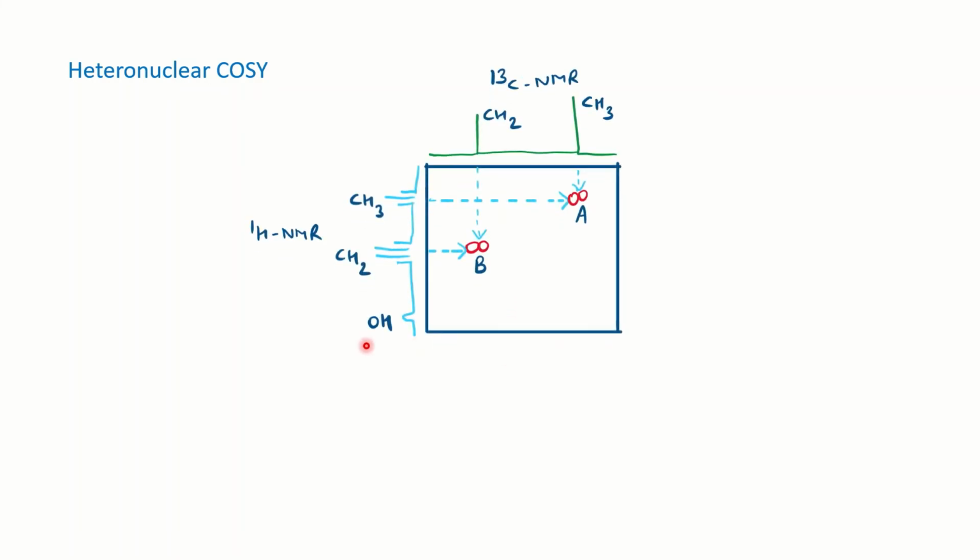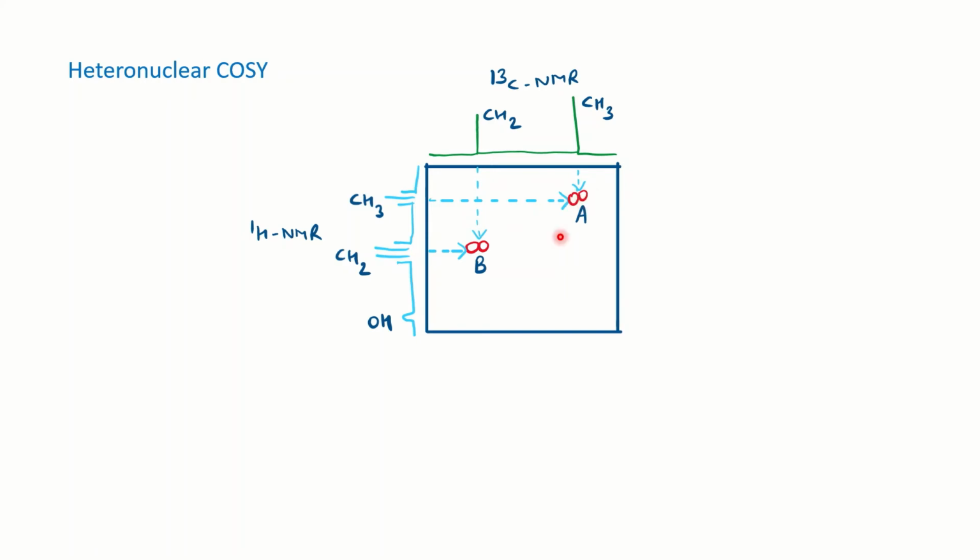So this is homonuclear. There is another example for heteronuclear; the same ethanol we will take. You will have C13 NMR on the x-axis, and on the y-axis you will have the proton NMR. Since ethanol has 2 carbons, you have 2 carbon signals, and below each carbon, the respective protons. For the CH3 carbon and CH3 protons, you can see if you meet A, there is a cross peak.